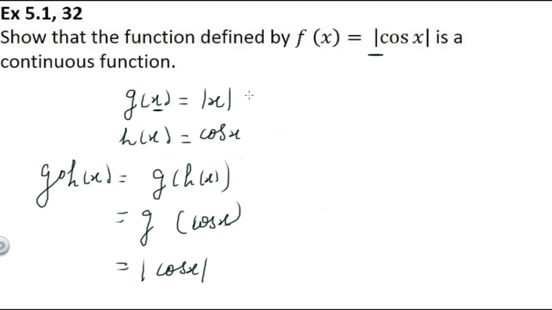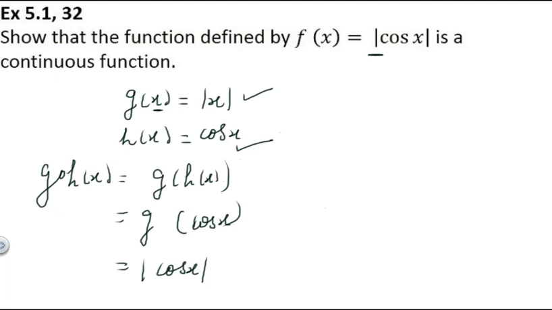So mod x is a continuous function, cos x is a continuous function everywhere. Clear? The composition of these two continuous functions will be a continuous function only. Clear?